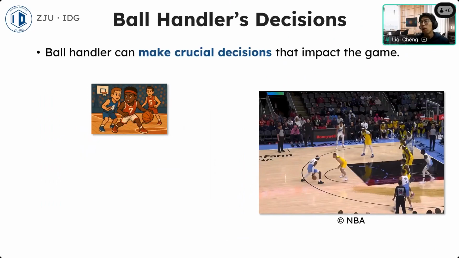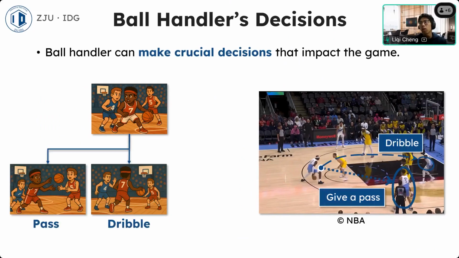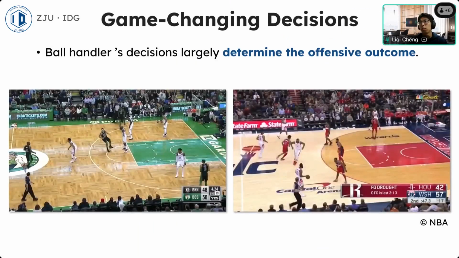The ball handler can make one of three game-changing decisions: one, passing to a teammate, two, advancing the ball by dribbling, or three, taking a shot right away. The ball handler's decision plays a crucial role in determining the offensive outcome.